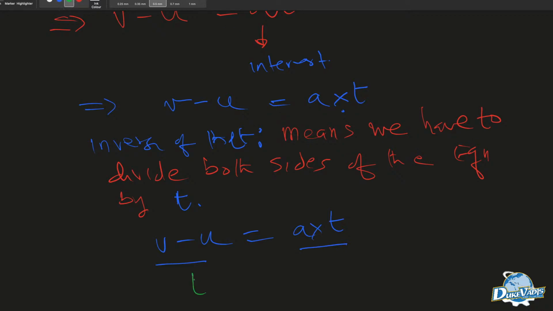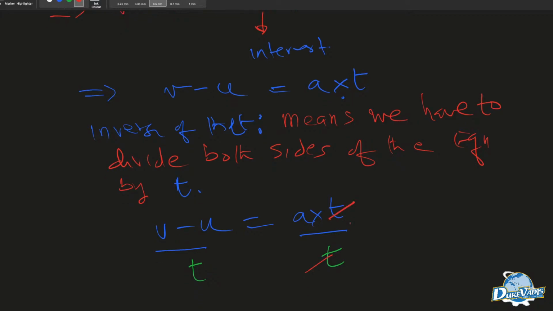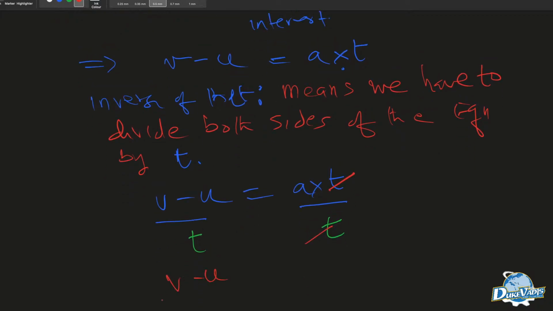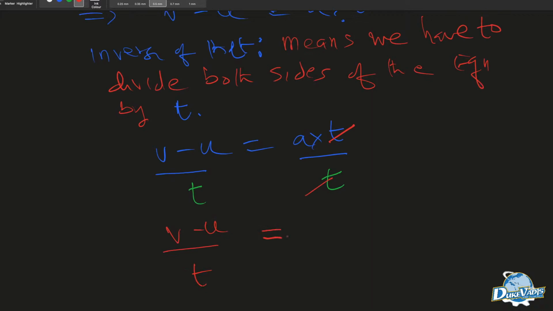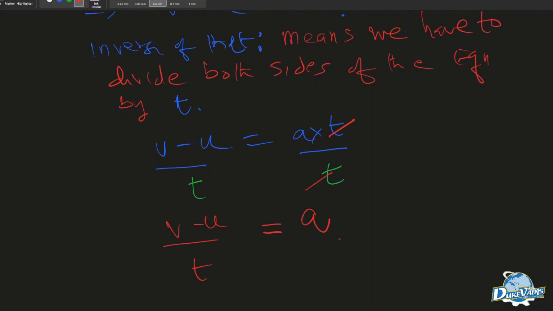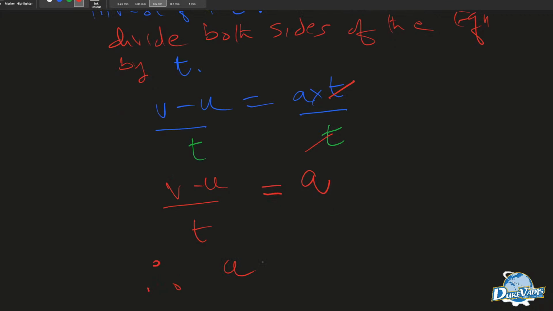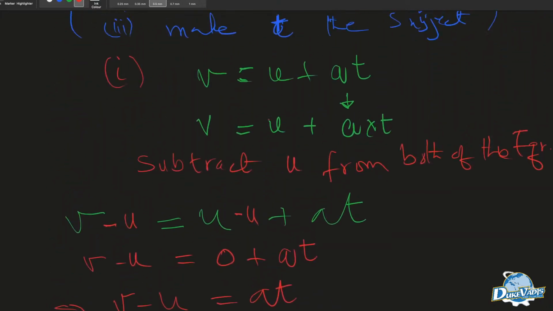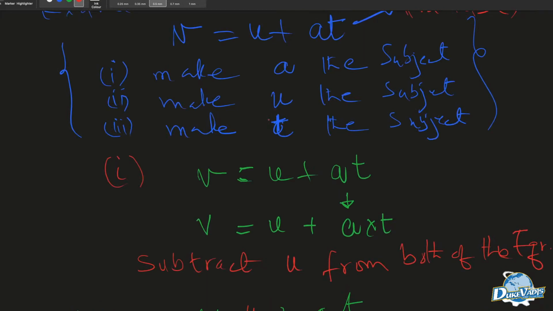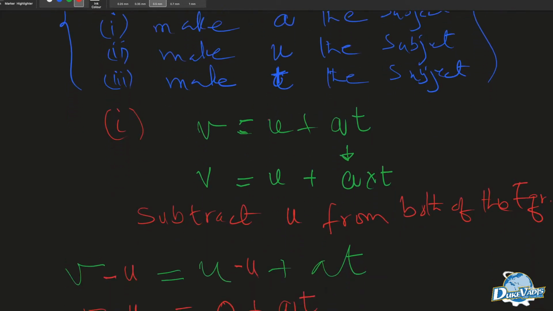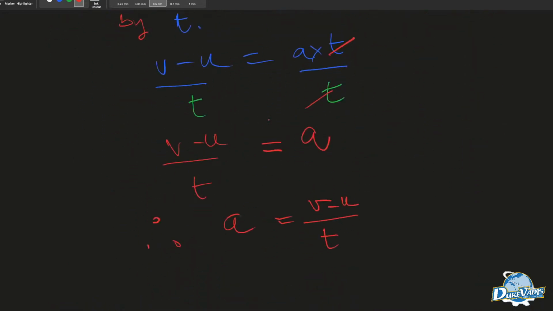So we divide here by T and here by T, and this T will cancel that T. So V minus U all over T is now equal to A. Therefore, the change of subject is A equals V minus U all over T. It's our answer for the first one, that says make A the subject. The next one says make U the subject. That's part two.